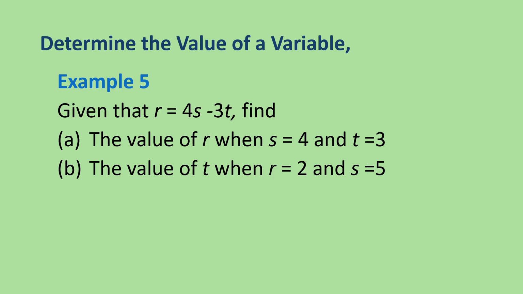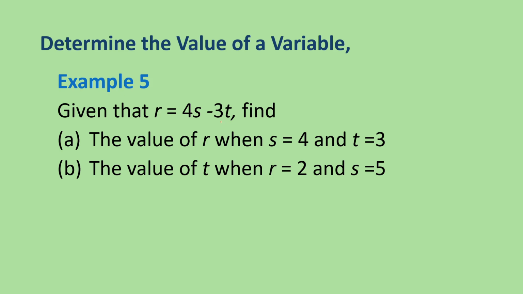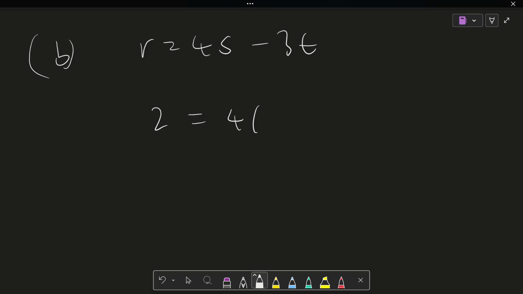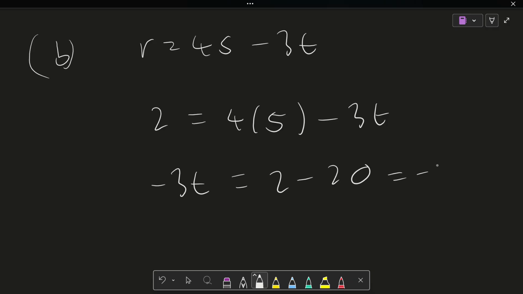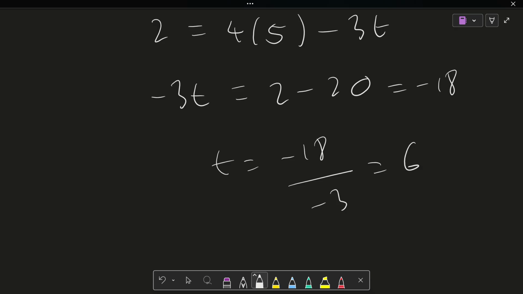So we say r equals 2, s equals 5. This is part B. 4 times 5 minus 3t. So minus 3t equals 2 minus 20, which is minus 18. So t equals negative 18 over negative 3, which is 6.